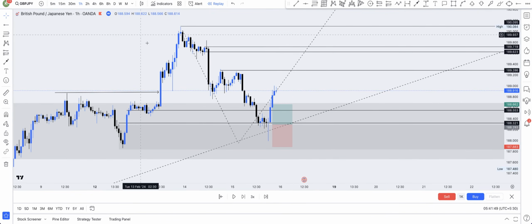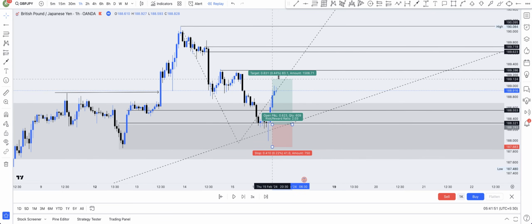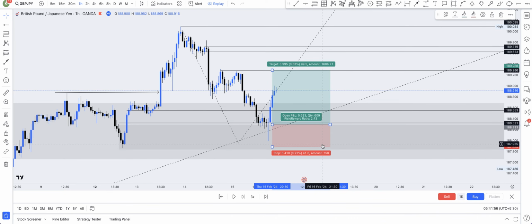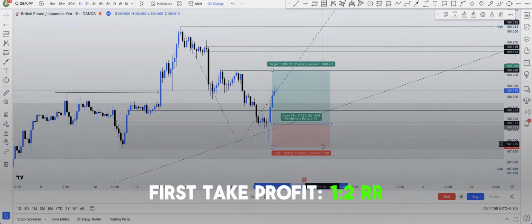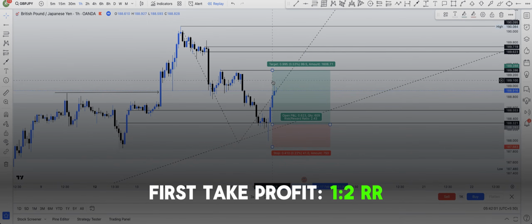So let's look at the risk to reward of the first take profit. Our risk to reward is 1 to 2, almost 1 to 3.